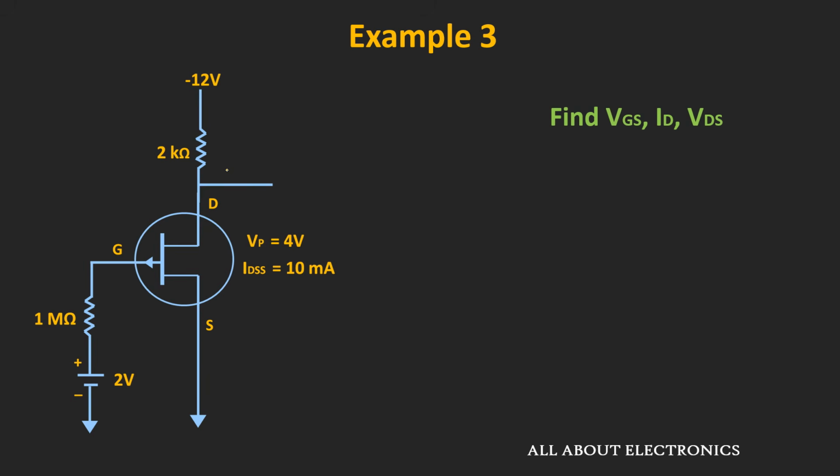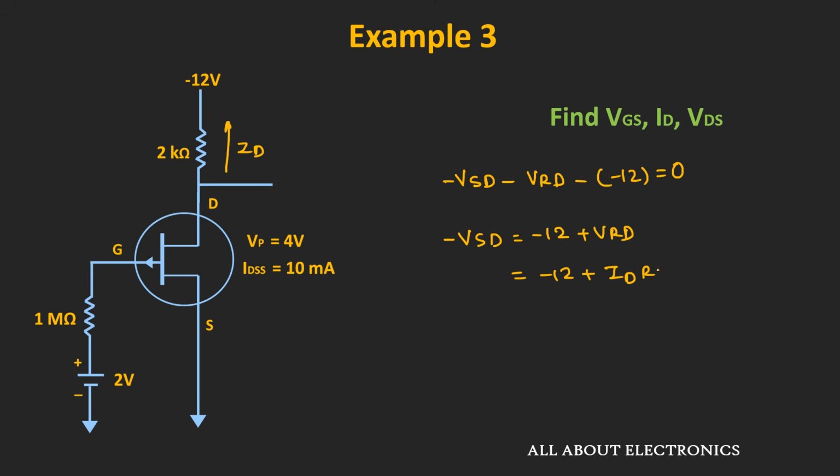Once we know the value of this drain current ID, we can easily find the voltage VDS. As the drain current ID is flowing from source to the drain terminal, we will write the expression of KVL from the source terminal towards the drain terminal. So minus VSD minus VRD, that is the voltage across this 2 kilo ohm resistor, minus of minus 12 is equal to 0. That means minus VSD is equal to minus 12 plus ID times RD.